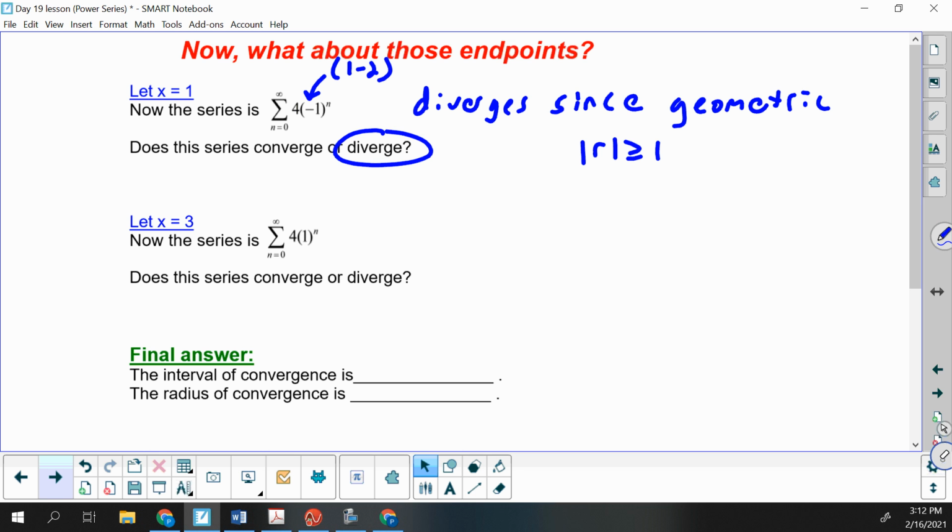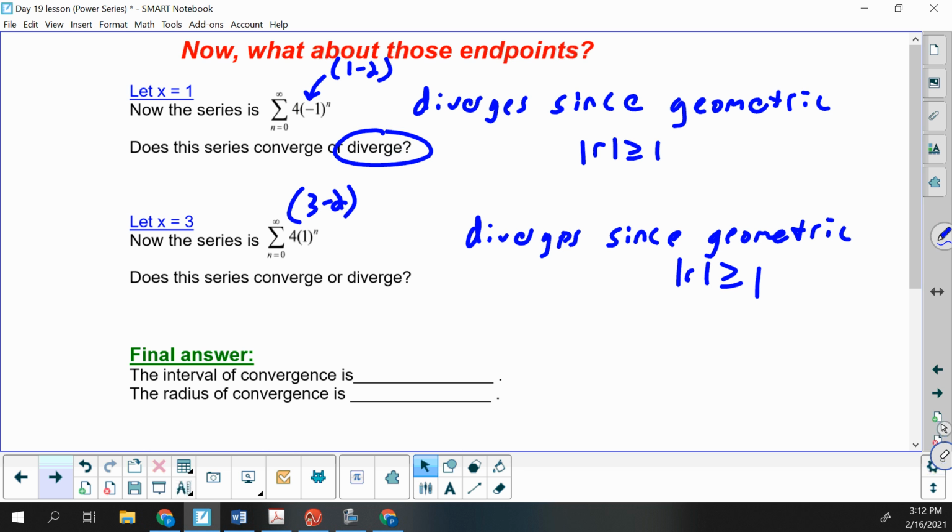And then we can do the same idea. The x equals 3 is coming from subbing in 3 in for x up in our series up above. 3 minus 2 gives you 1. So we could also say this diverges since geometric, absolute value of r is greater than or equal to 1, or you could say diverges by the nth term test.